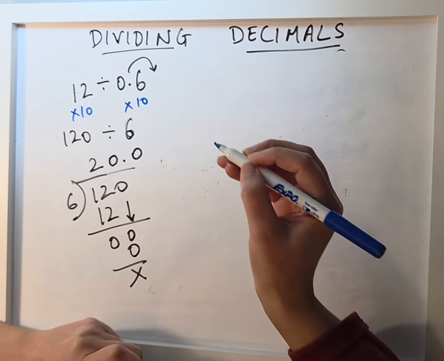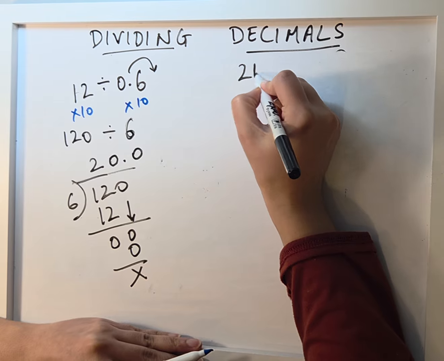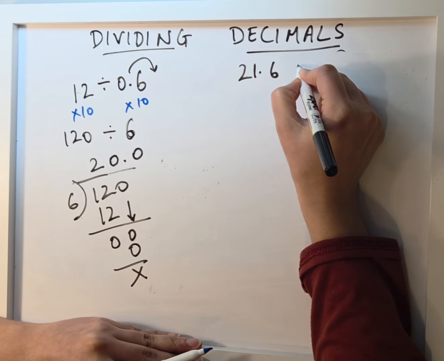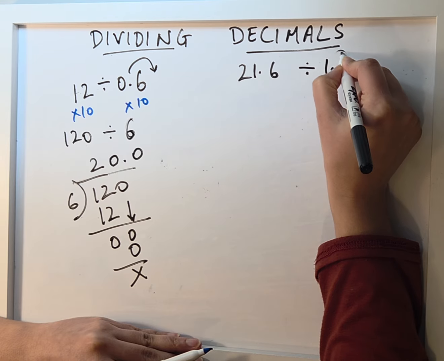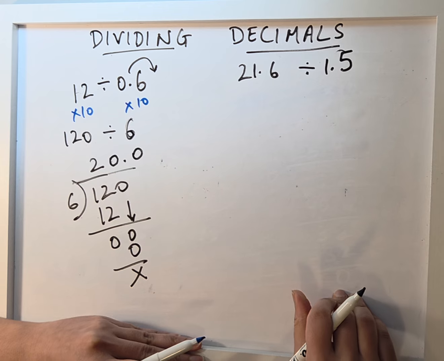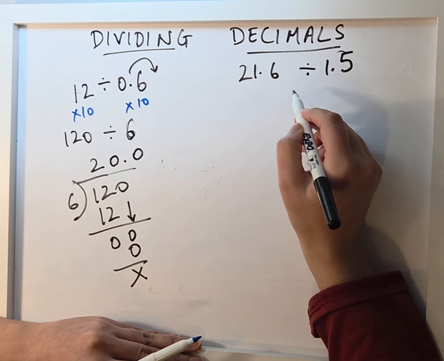Now let's look at another example. Let's say 21.6 divided by 1.5. In here we multiply both of them by 10.